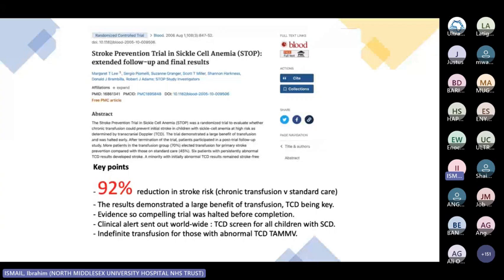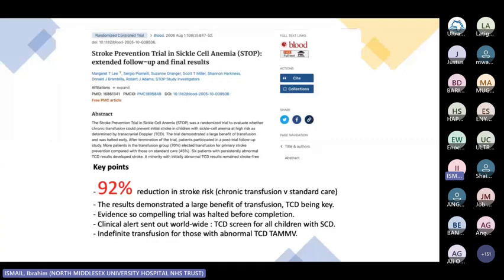With just standard care, you just get folic acid and penicillin. Whereas if you had high TCD with transcranial Doppler and then you had transfusion, you had a 92% reduced chance of stroke.